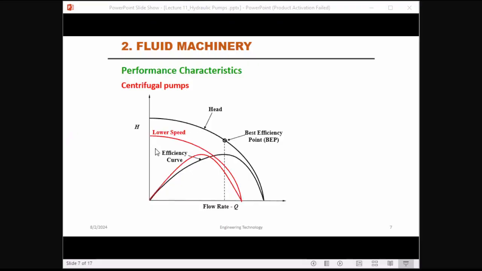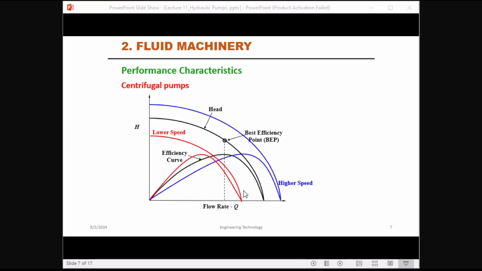Then another line is the lower speed curve. This red line is the lower speed curve. This curve shows the performance of the pump when it is operating at a lower speed. As we can see, at lower speeds the head is lower for a given flow rate compared to a high speed.